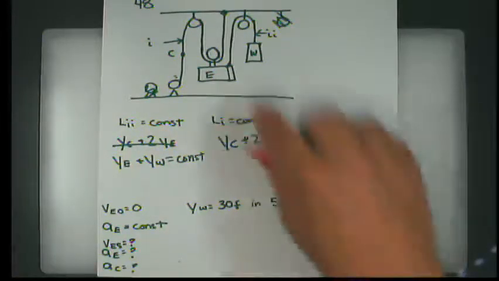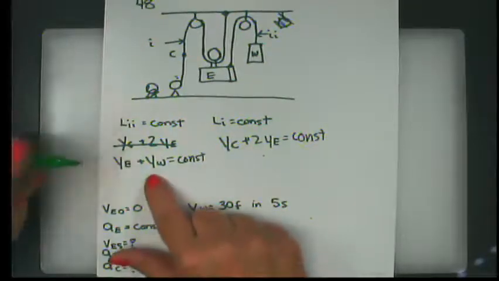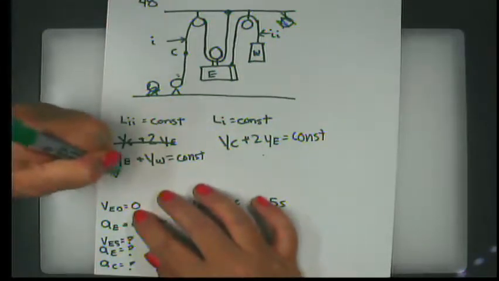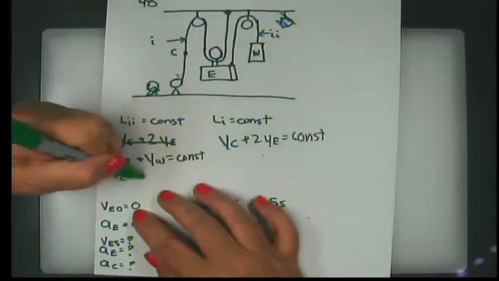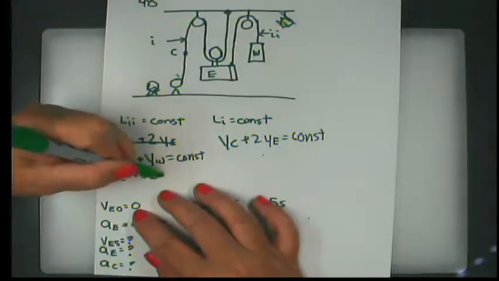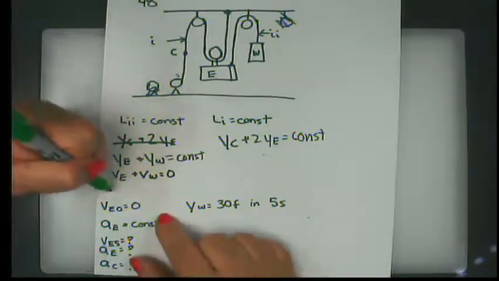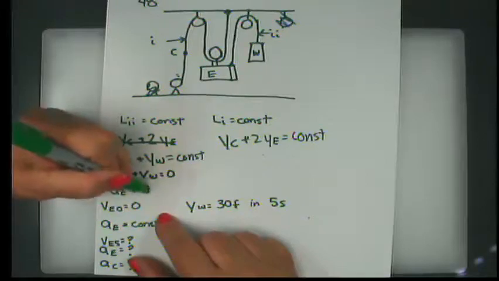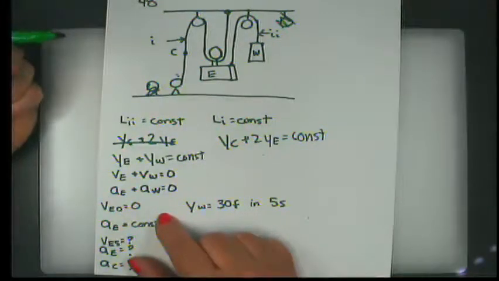All right, so the first thing is we know that because these are constants, we can also differentiate these equations and set them equal to 0. So we can say that the velocity of E plus the velocity of W is equal to 0. And we can say that the acceleration of E plus the acceleration of W is equal to 0.